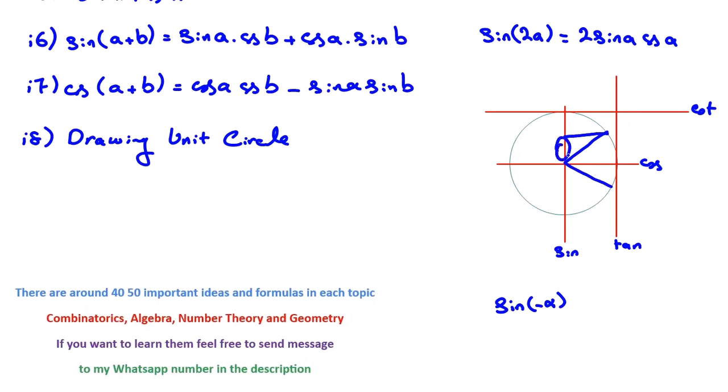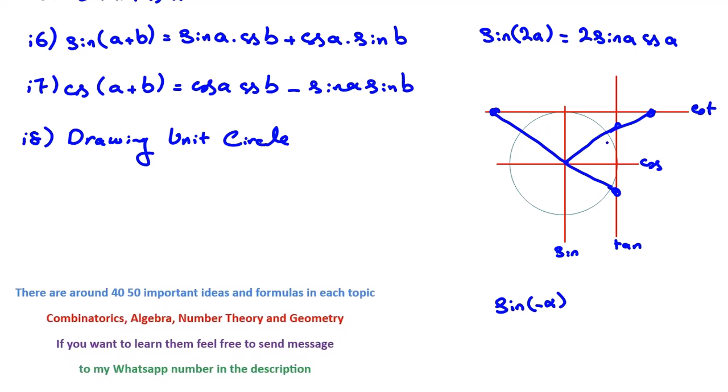So as you can see, their sines are negative of each other, and their cosines are equal to each other. And tangents are negative of each other, and cotangents. These two axes are so much helpful for this. You can imagine this after drawing. So cotangents are negative of each other, tangents negative of each other.